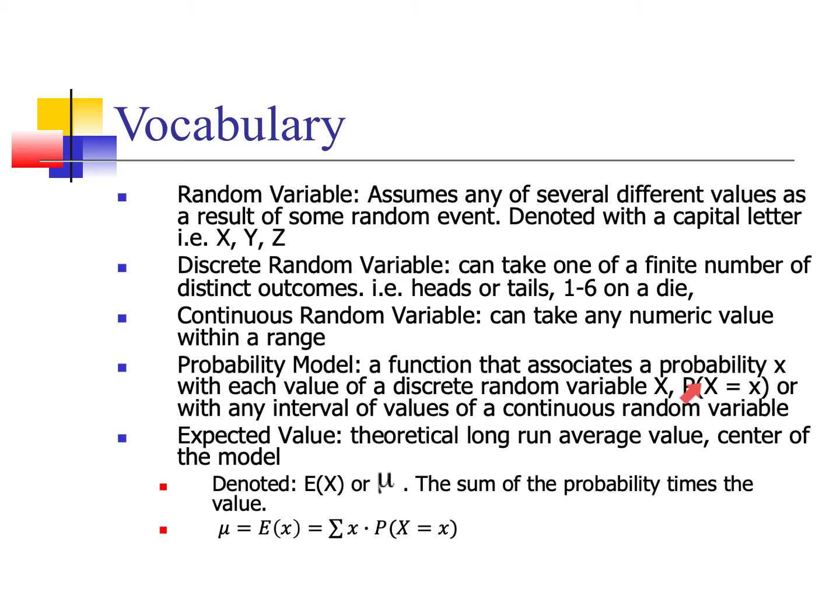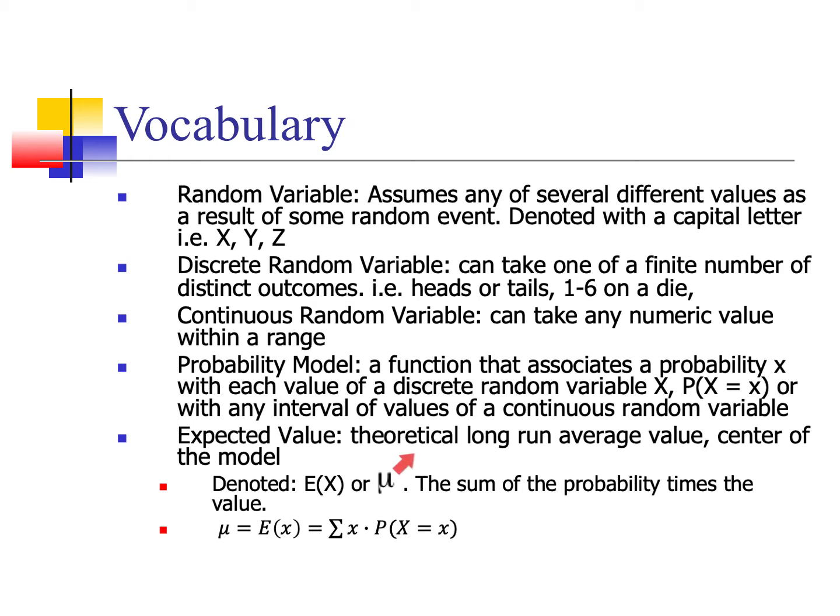What's the probability that your points are equal to 2, or equal to 0, or equal to 6? And so we fill in this with the actual numbers that are possible for the little x, and the big X still represents our random variable, the points we've earned.